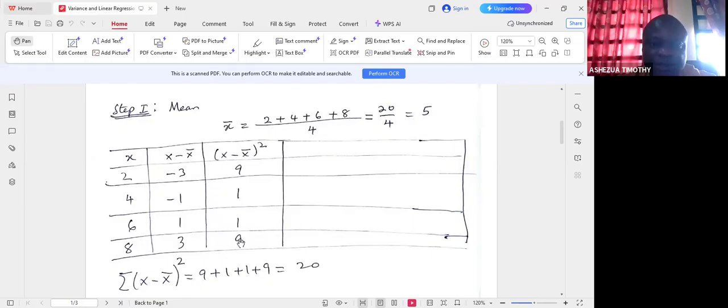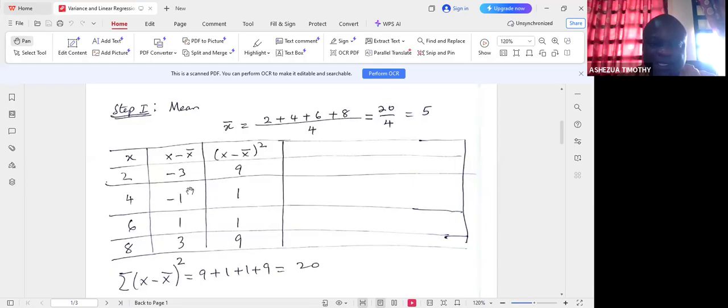How do we get this column? The heading says x minus x bar squared. The implication is that all the values here will be squared. What do we mean by squared? Minus 3 squared is minus 3 times minus 3, which gives us 9.